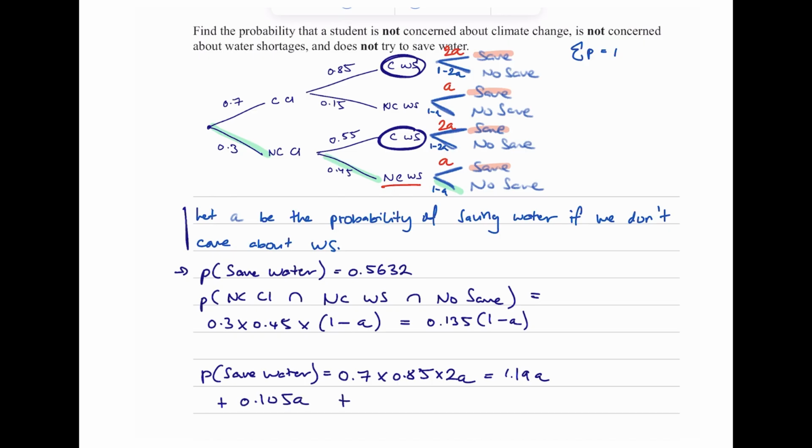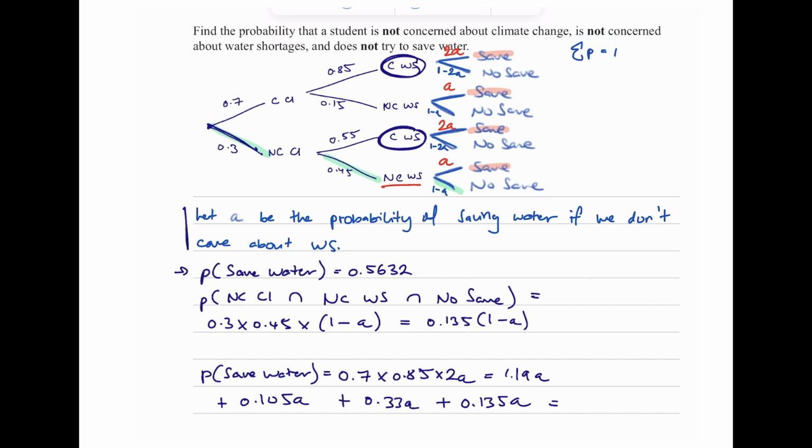Added with, let's go down to the not caring about climate change, 0.3 times 0.55 times 2a, which is 0.33a. Added with the last branch, 0.3 times 0.45 times a, because we only care about saving branches. That's 0.135a.